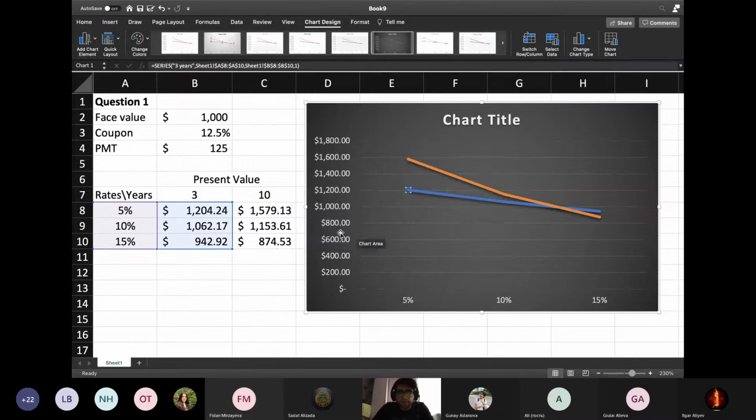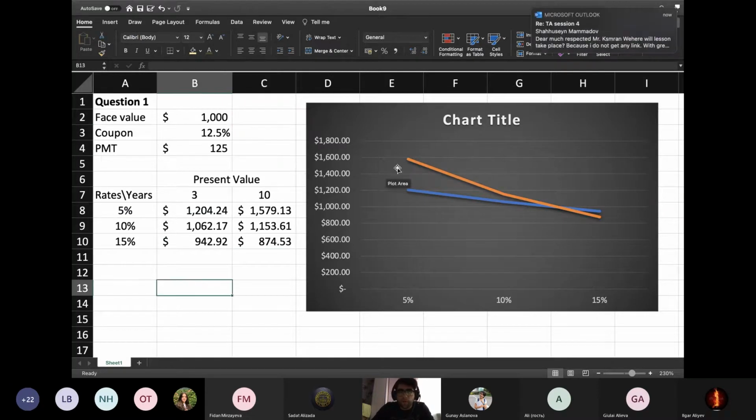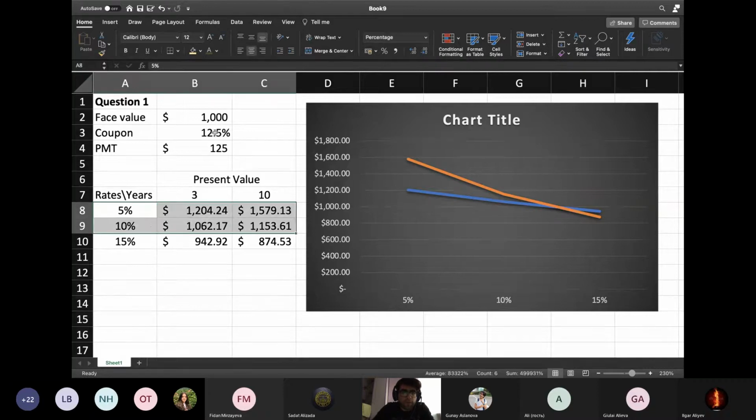I'm explaining to show that if the number of years of maturity gets higher, the present value of the bond, if it is a premium bond, because we have 5% and 10% here, they are premium bonds because they are less than 12.5%.